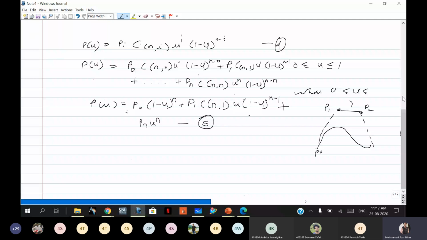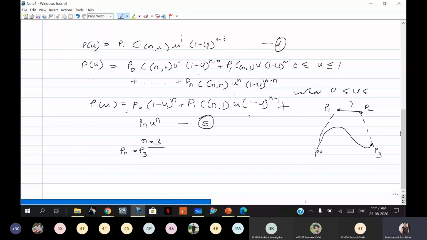So here n is equal to 3, the polynomial is of degree 3. So we can write Pn equal to P3. Thus the value of n will be equal to 3.